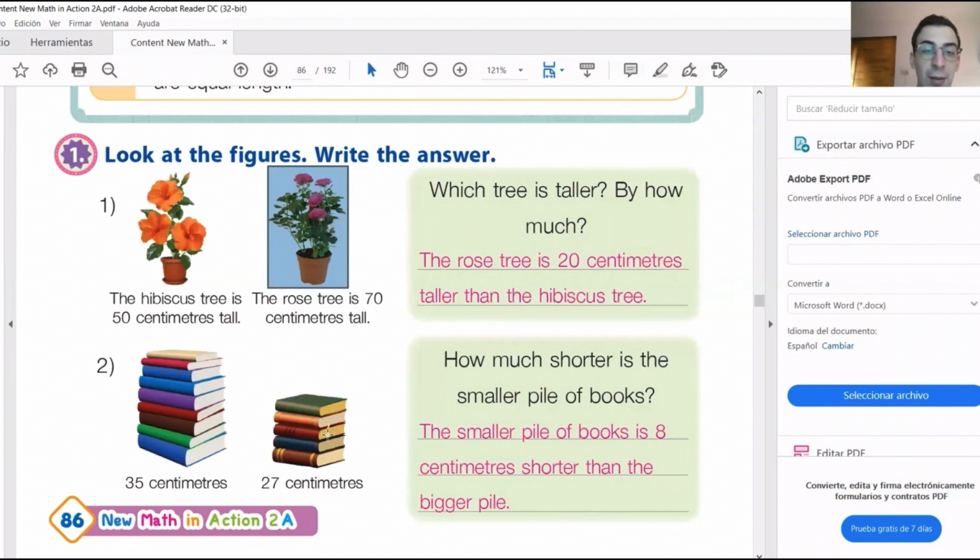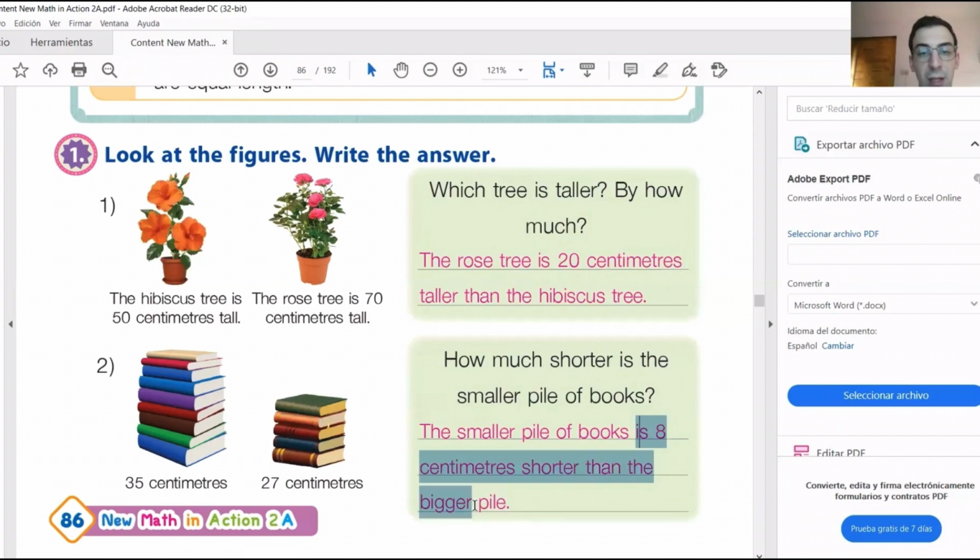So, as you know, difference is also the answer of a subtraction, okay? So 35 minus 26 equals 8. So we can write that the smaller pile of books, it means this one, is 8 centimeters shorter than the bigger pile.